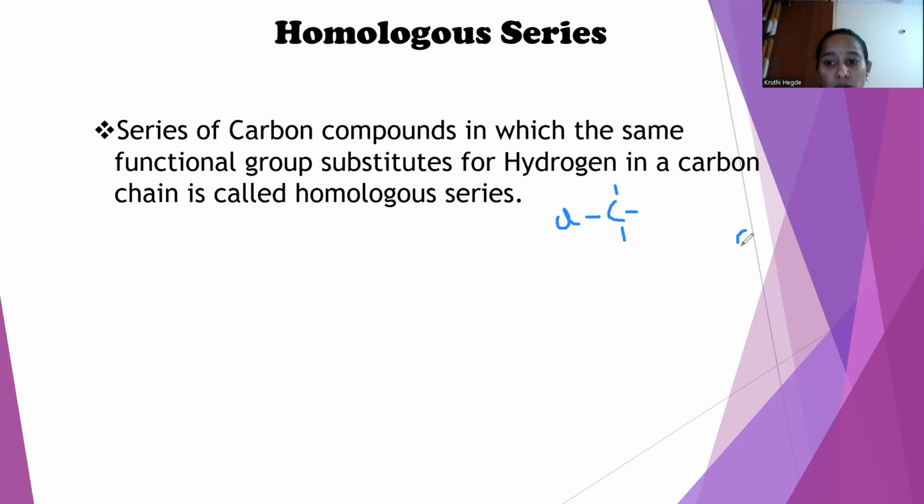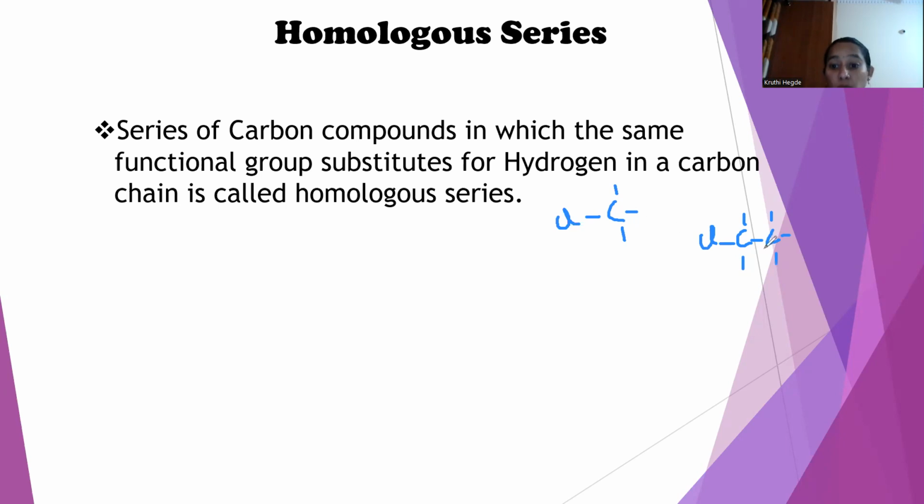Similarly, another compound has 2 carbon atoms. Okay, and empty bonds will be filled with whom? Hydrogen. Empty bonds, whichever I am leaving empty, will be filled by hydrogen. Here one hydrogen, chlorine will take the position.